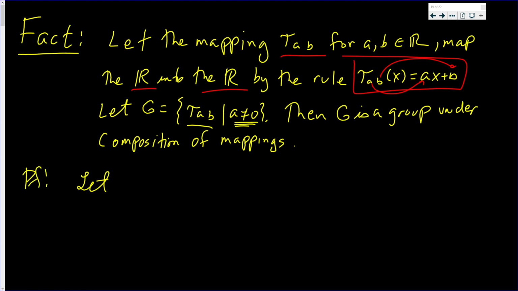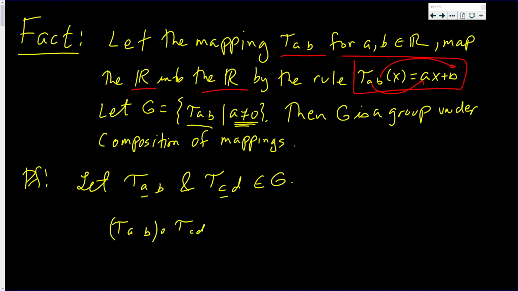For the proof, let tau of a, b and tau of c, d be elements of G. And of course, a and c are not 0. Okay, so now, what would the composition be? Tau of a, b composed with tau of c, d, say on x.